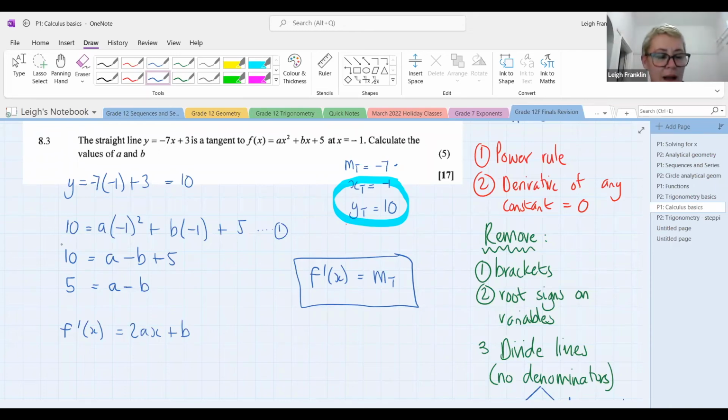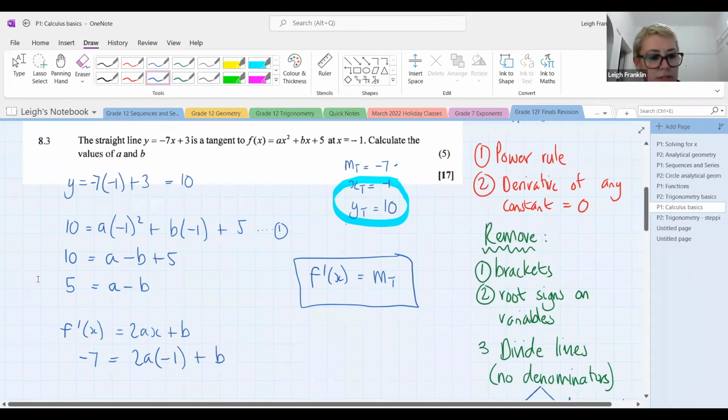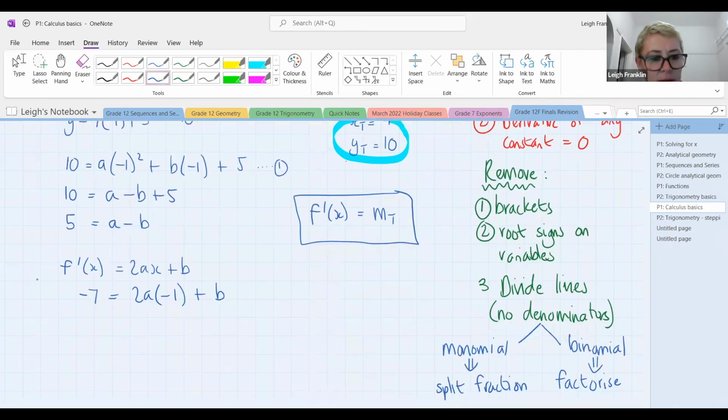So now I can sub in my -7, and here I know that x is equal to -1 at the point of tangency. And here, guys, is equation number 2 starting to emerge. So -7 equals -2a plus b.